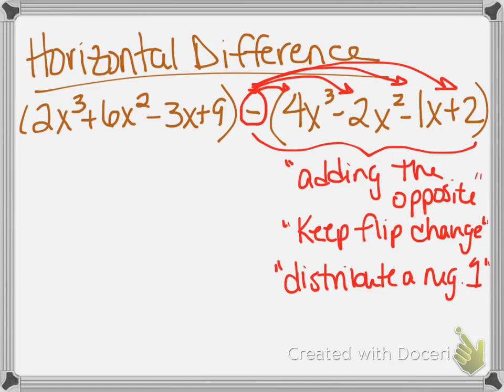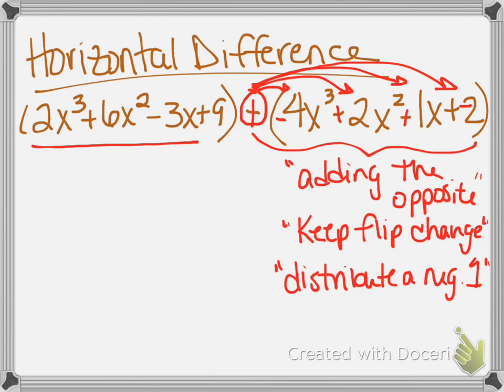So when you think about either way, if you add the opposite, you would change your negative in the middle to addition, and then change all these terms here. If you keep, flip, change, it's the same idea. You keep the first set of parentheses, flip the sign in the middle from minus to plus, and change all the signs at the ends.